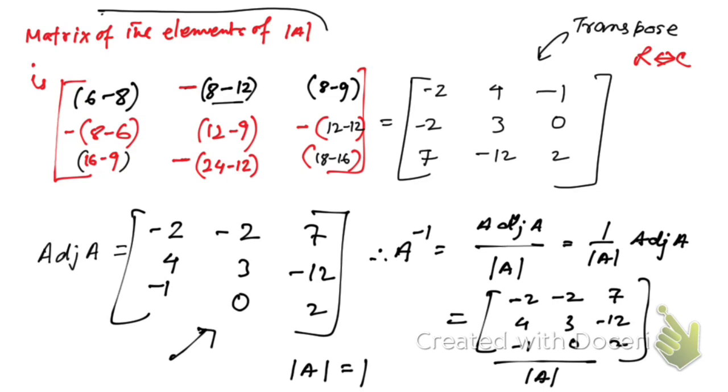If the determinant is equal to 2 or 3 or something else, then you have to divide each term by that number. Now we are getting the determinant equal to 1, so this matrix remains the same, right? So hope you have understood how to find the inverse and adjoint matrix, transpose matrix.